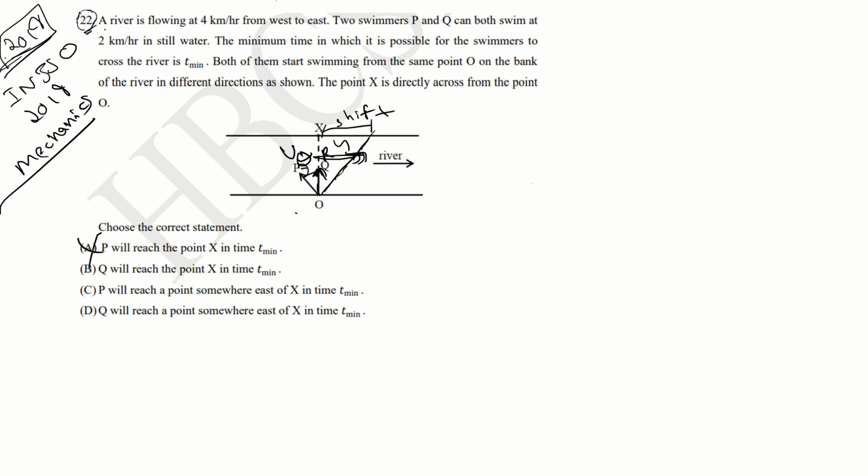This will be the velocity of Q as seen from the ground. So there will be a shift, so it will not reach in t minimum. To reach in t minimum, it has to go in a straight line only. So this is also wrong.